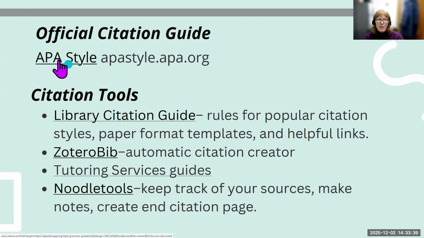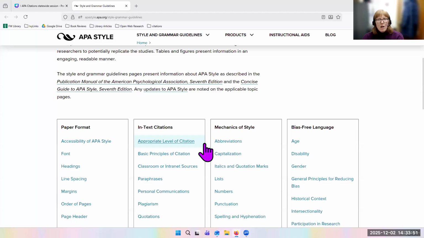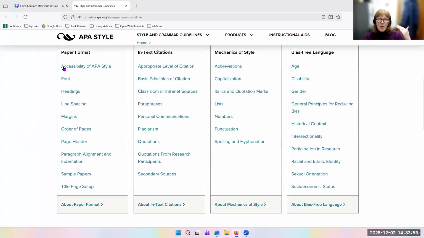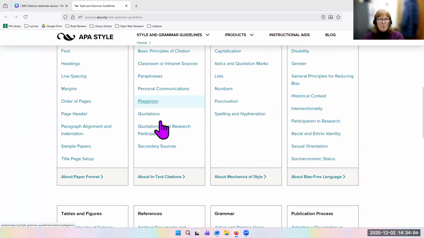The first one I want to highlight is the APA Style website. It is the official website of APA Style, and I'm going to hopefully open this. It will have a lot of information about paper formatting, mechanics of style, languages, as well as breaking down in-text citations and different ways to write them.